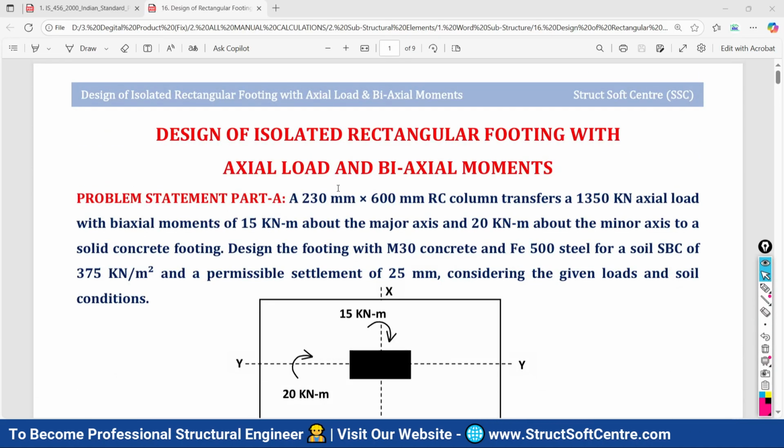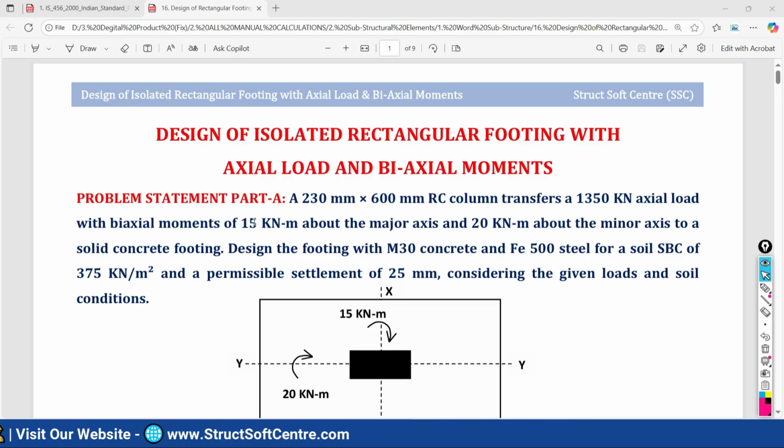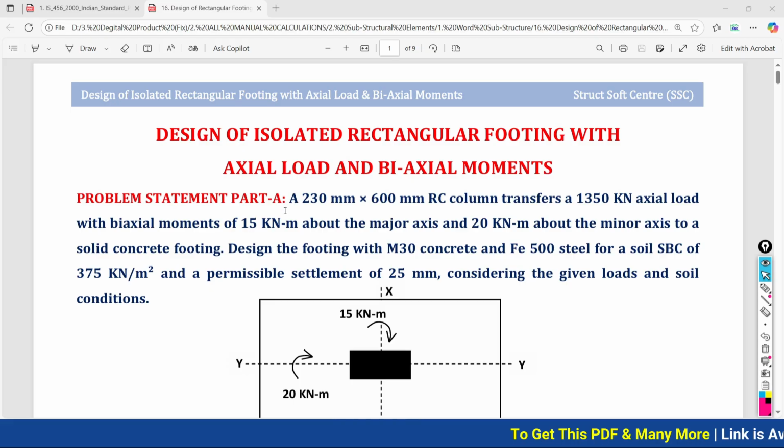We have to find out the size of the footing as width, depth and everything. And we also have to find out the flexural reinforcement. We have to find out the shear stress values and check for the one-way shear and two-way shear. Everything we have completed as per the recommendation from problem statement A.